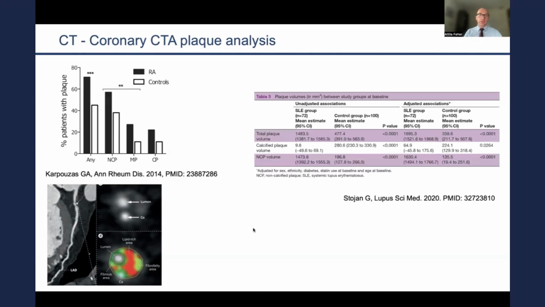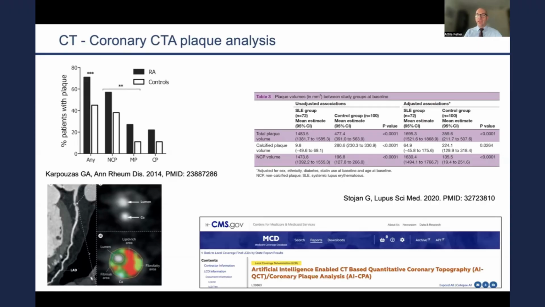The first one was in rheumatoid arthritis, but it's also true in lupus, where the non-calcified plaque volume is significantly elevated. And in the US right now, this is covered by Medicare and Medicaid, so it's covered by the national insurance. So we're more and more getting these requests to quantify plaque.